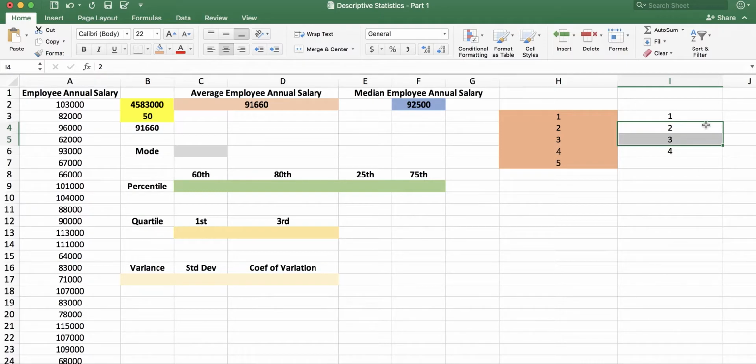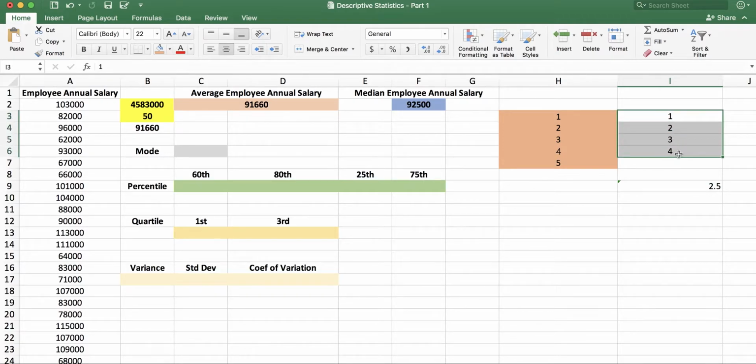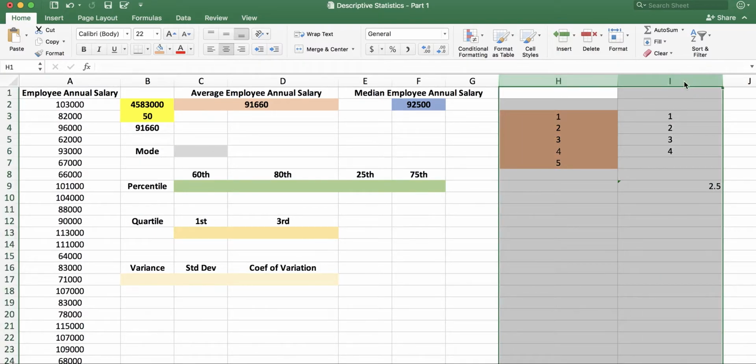Since I don't have a single value in the middle, I will take the average of the values in the middle, which is 2.5. So the median in the data set on the right is 2.5. That is the difference between having an odd number versus an even number of observations in your data set. Let's delete that. We don't need it.